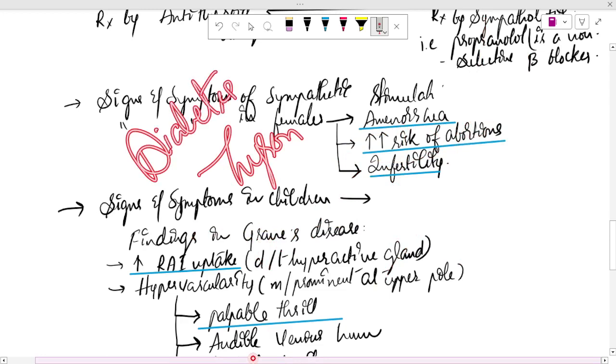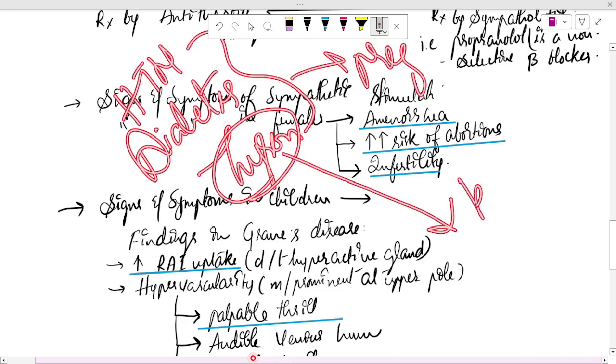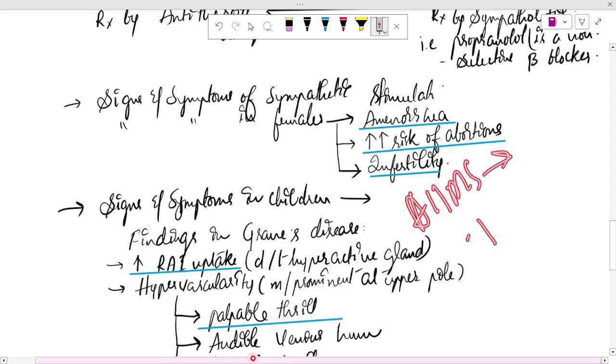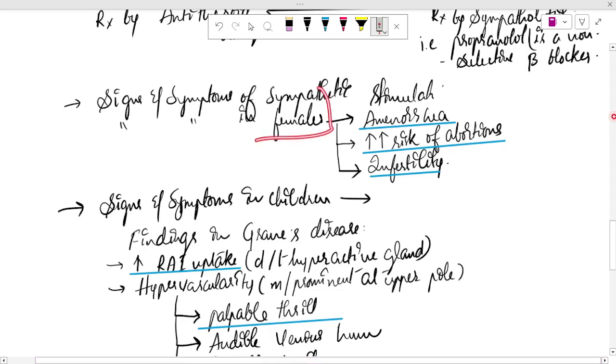I'm not saying diabetes and hypertension are not significantly important in pregnancy, but thyroid holds the main key significance. And believe me, AIIMS professors are very much fan favorite for thyroid anomalies in pregnancy. Trust me. So hyperthyroidism in females leads to increased risk of abortions.